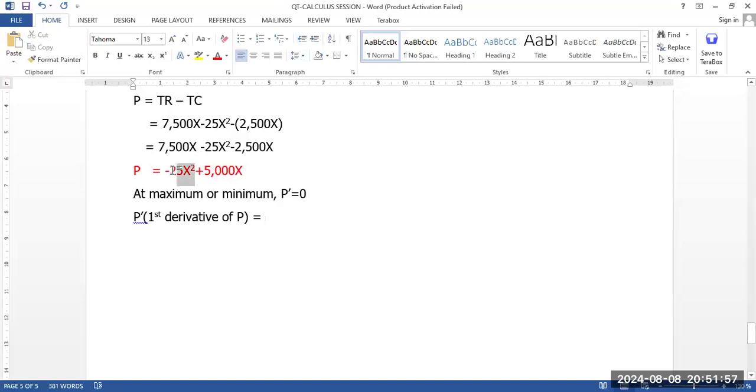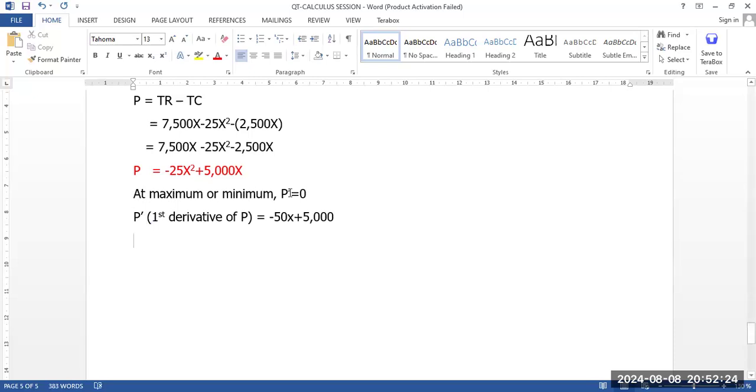If you differentiate this, what do you get? Get the original power times 25. You get negative 50x, then plus, if you differentiate 5,000x, you just get 5,000. So that is our first derivative.